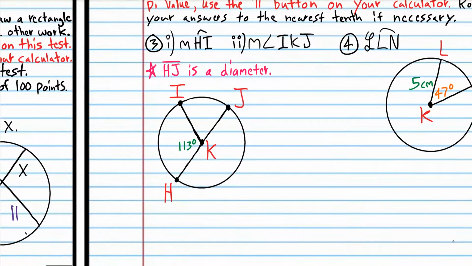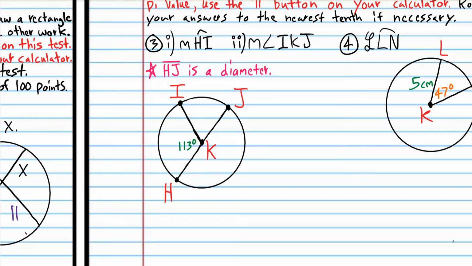So we want to find the measure of arc HI, which is this arc here. But we have the corresponding central angle. Remember, this is called a central angle because the vertex of the angle is at the center of the circle. And the corresponding arc of any central angle is defined to have the same measure as its central angle.